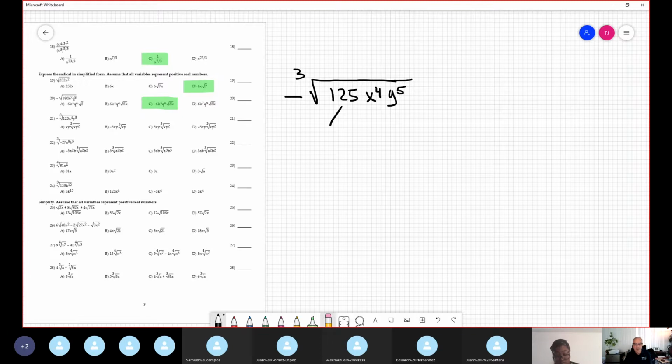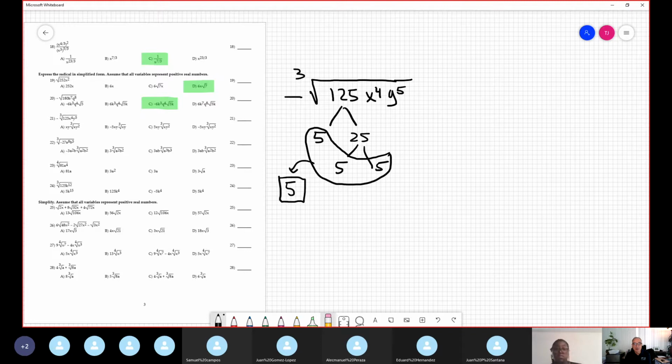Okay, I break it down, 125 is divisible by 5, not by 2, not by 3, because 1 plus 2 plus 5 is 8, and 8 doesn't belong to the multiplication table of 3. So it's divisible only by 5. And 125 divided by 5 is 25. And 25 is 5 and 5. Wow, so we have exactly the amount of 5 that we need to go outside, only one 5.